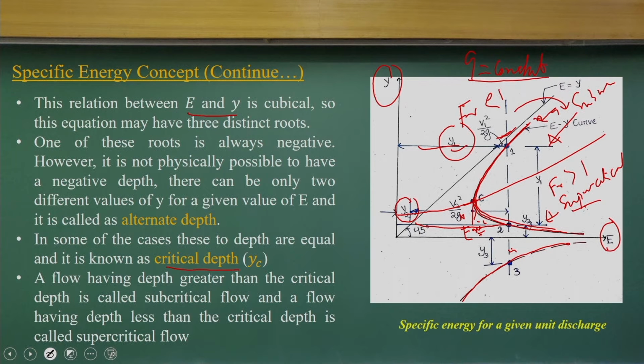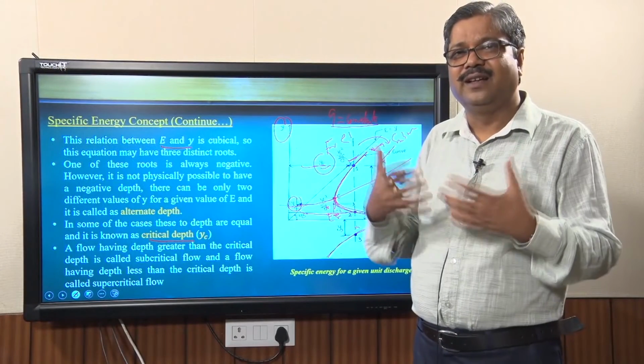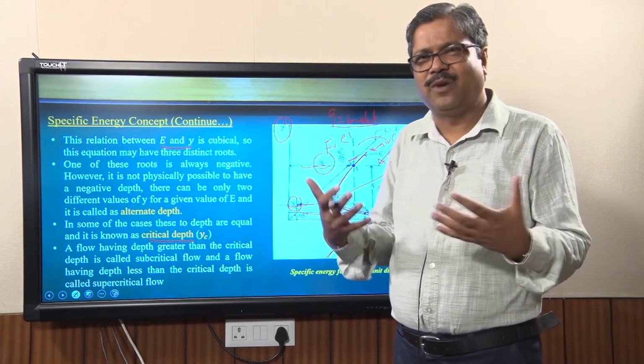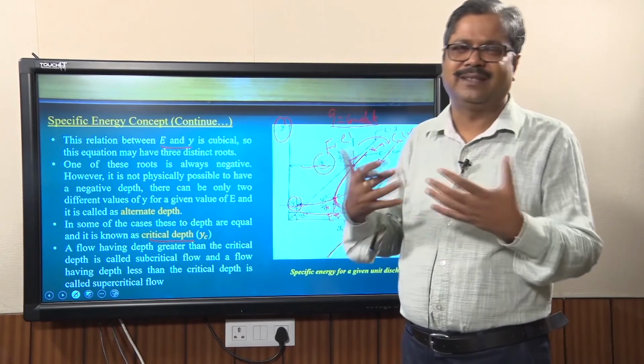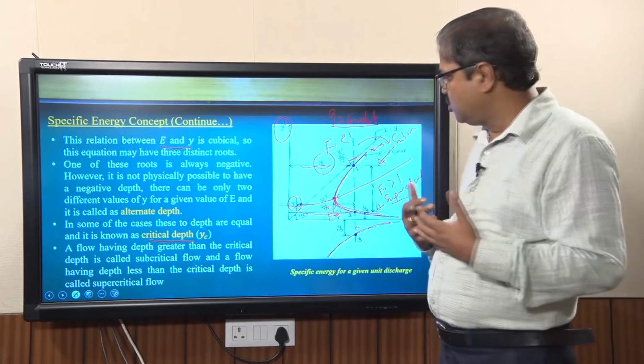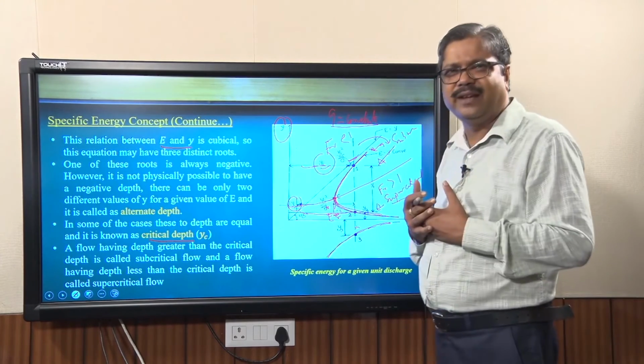In supercritical flow, the kinetic energy is more dominant as compared to the pressure energy. That is the point we should try to understand, instead of just remembering that the Froude number is less than 1 or greater than 1. That's the point I want to highlight to you.